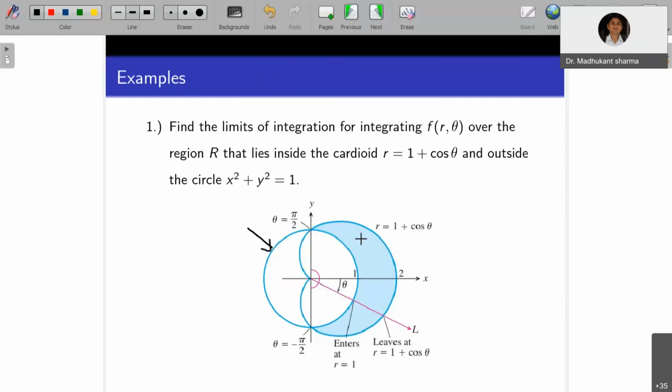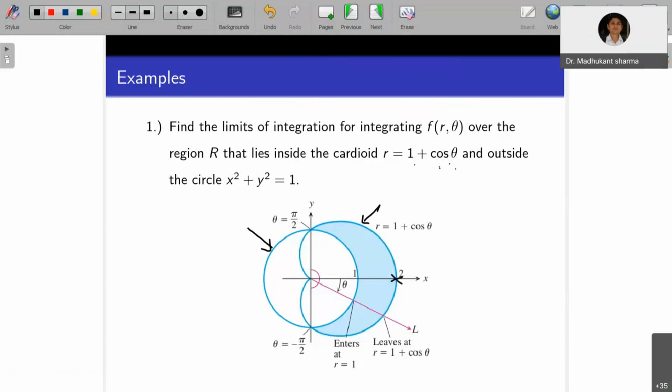Now, how will you get this? See, theta always lies between 0 and 2 pi. Now, on the x-axis, the angle made by theta is going to be 0 with the x-axis. So theta equals 0 will give you cos 0 is 1, so 1 plus 1 is 2.